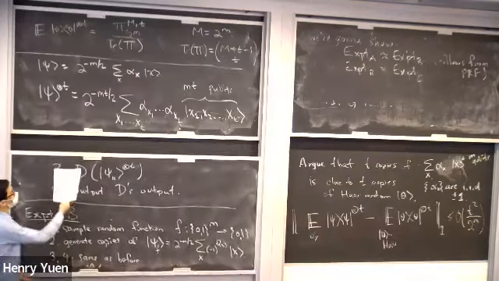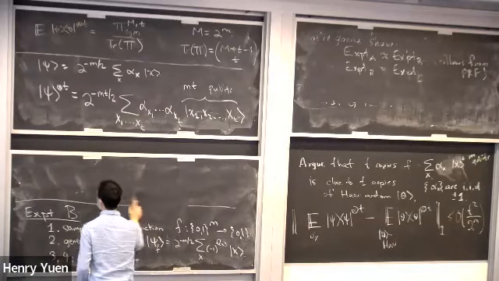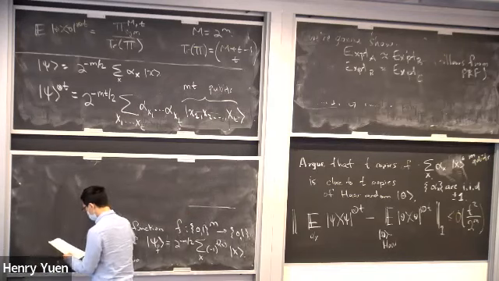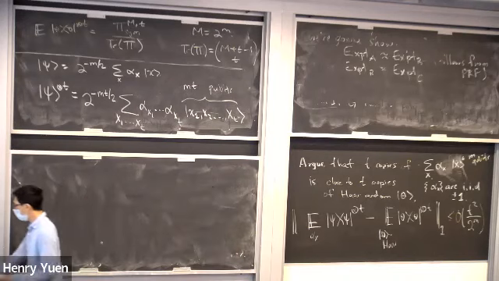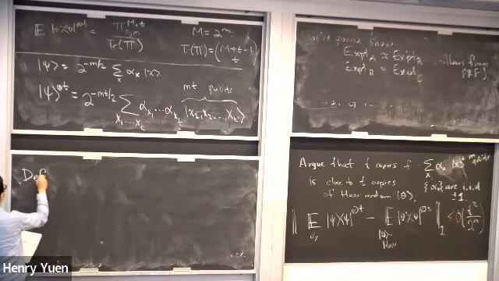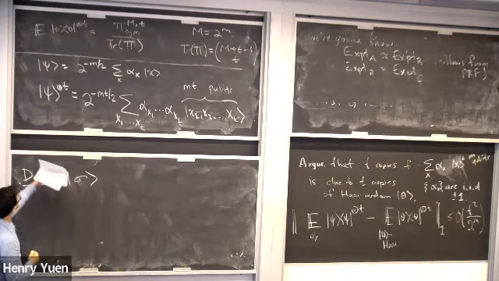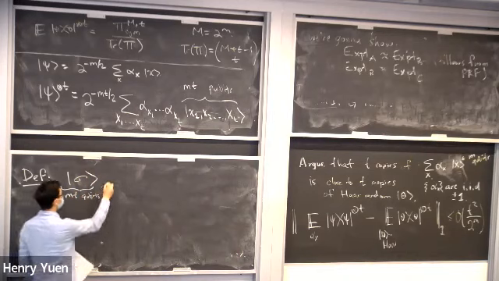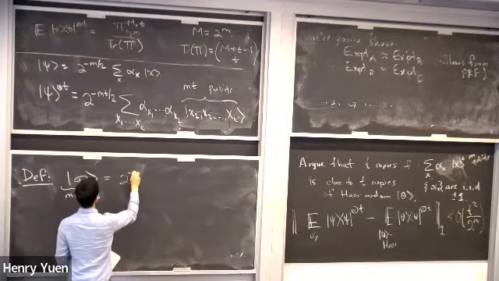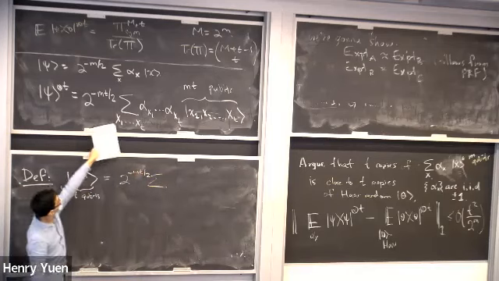I'm going to look at a closely related state. I'm going to define a pure state sigma. This state is also going to be on m times t qubits. We're going to keep the normalization the same, but we're just going to drop terms from this sum.